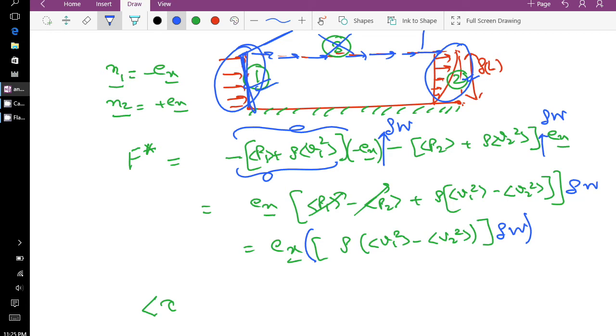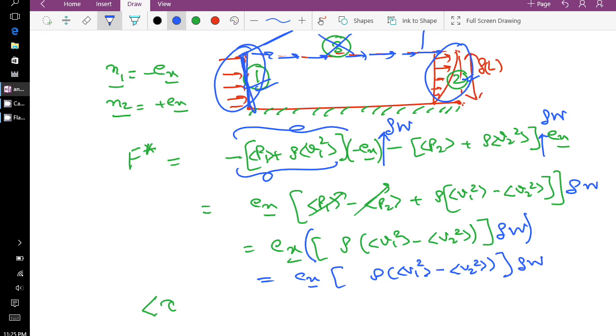Because this is the force, you have to multiply by the surface, delta into w. So basically, this force actually becomes rho into v1 square average minus v2 square average times delta w.